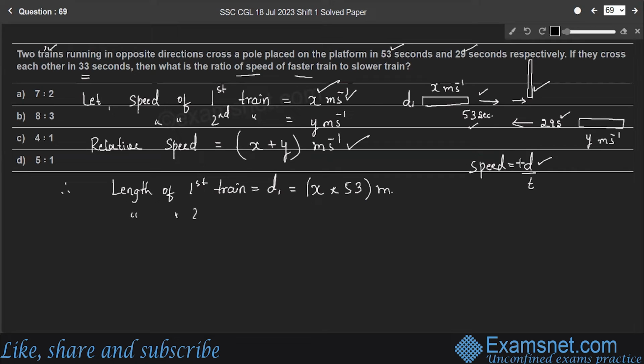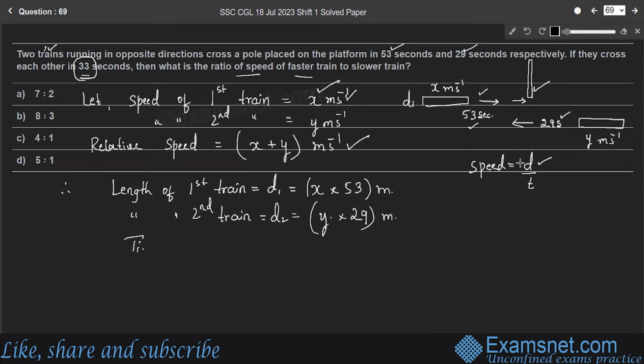And the length of the second train, D2, is equal to its speed y into 29 seconds. So in terms of meters, 29y is the length of the second train, right? Here it is given that the time taken to cross each other is 33 seconds, right?